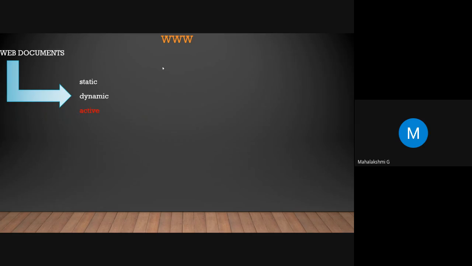The last one is active documents. We know that in dynamic documents, the program is run only at the server side. But for many applications, we need a program or a script which has to be run at the client side. This type of document is known as an active document.